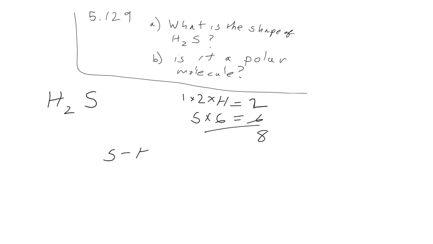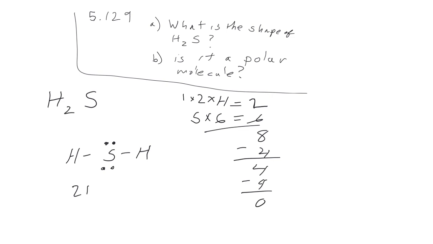Draw our skeletal. Hydrogen can't be the central atom, so sulfur has to be. That costs us 4 valence electrons, 2 for each bond. That leaves us 4 valence electrons left over. We place those on our central atom. So now we've got our Lewis structure.